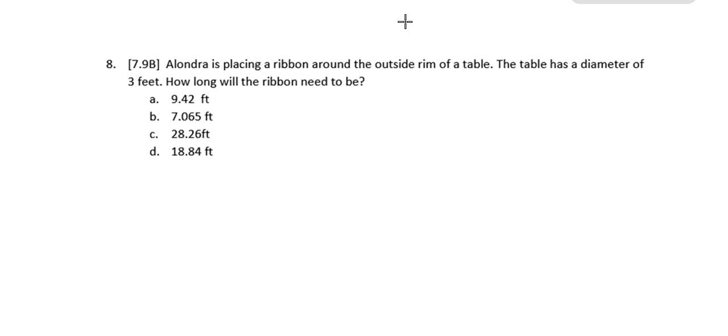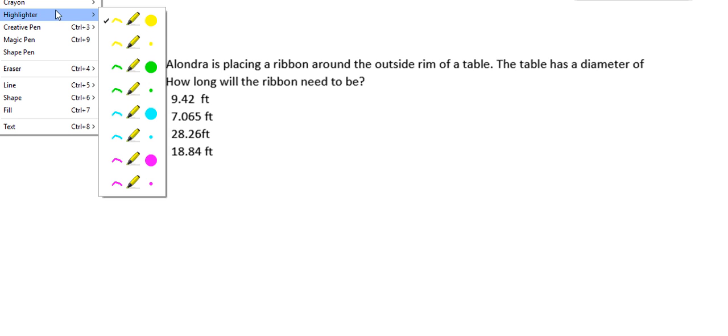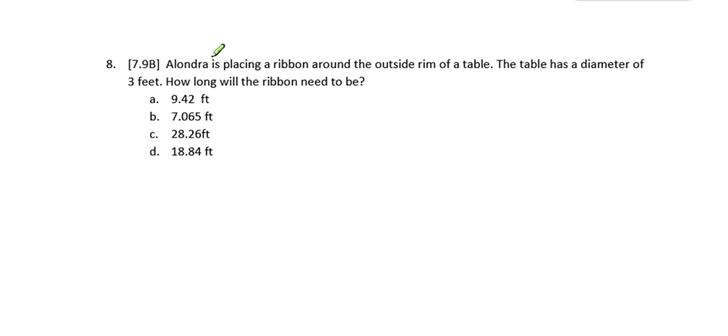On question number 8, I haven't been consistent on this, but hopefully, are you highlighting important information? Placing a ribbon around the outside rim of a table that has a diameter of 3 feet. How long will the ribbon need to be? Well, if you're going around a circle, that would be the circumference.